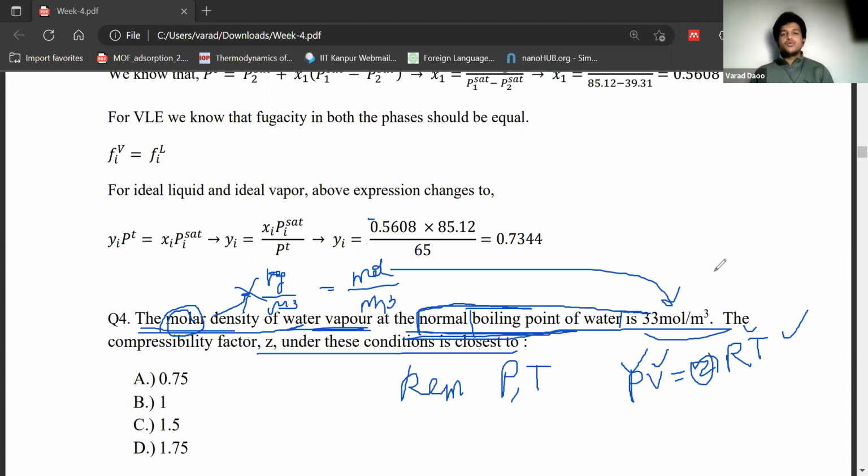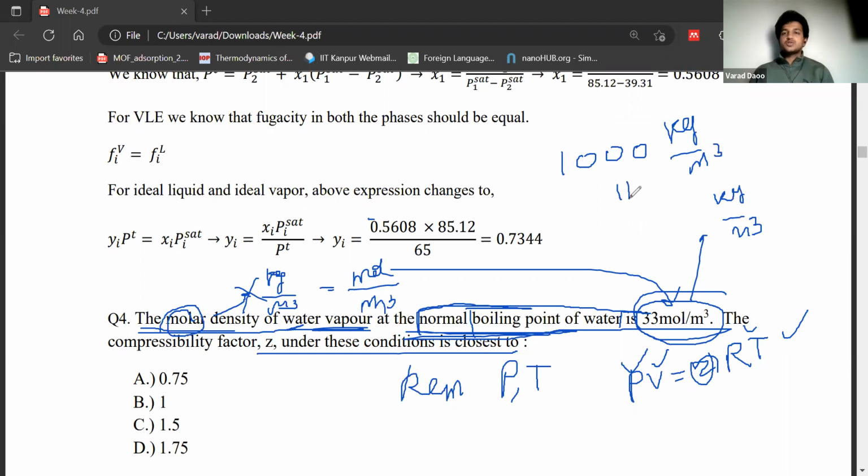Or even if you don't know, you can just convert this 33 mole per meter cube into kg per meter cube. That is the density, and we know the density of water at these conditions will be 1000 kg per meter cube.